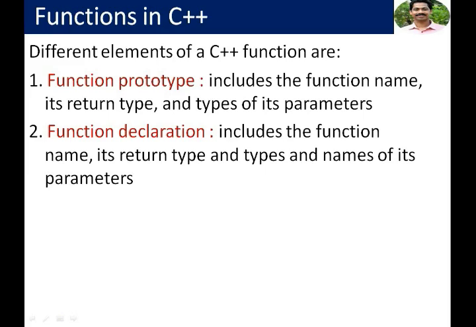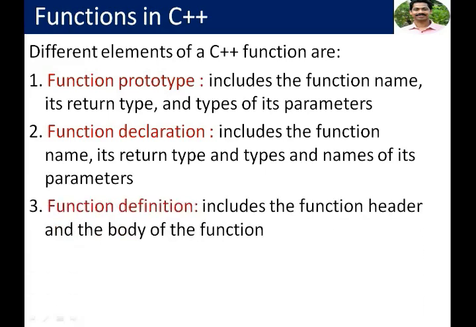It is something different from the function prototype. In a function prototype, we do not need to mention the parameter names, only types are required. But in a function declaration, variable names or parameter names must be included. That is the difference between function prototype and function declaration.